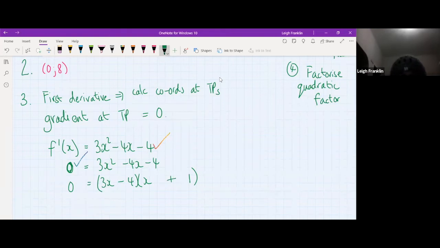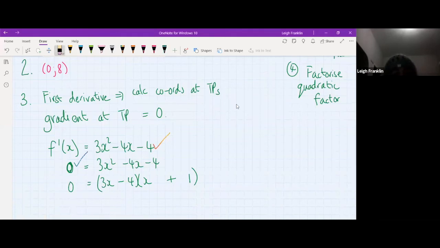That's not going to work, is it? Okay, +2 and -2. All right, let's try that and see if that works.